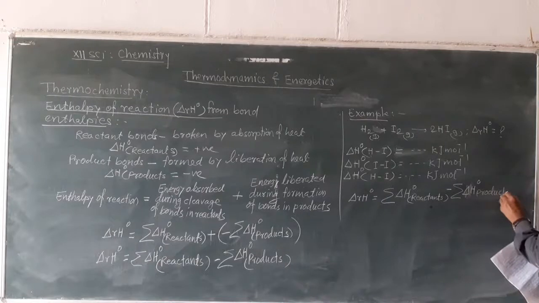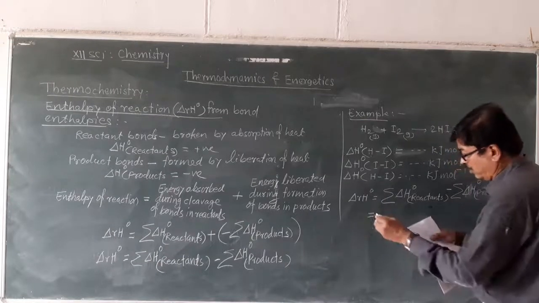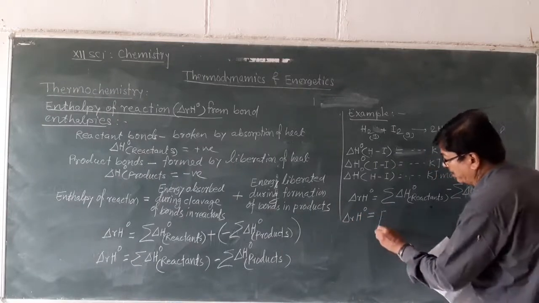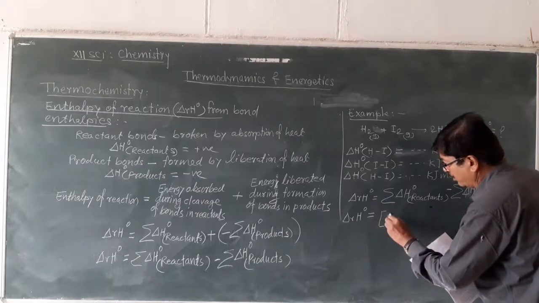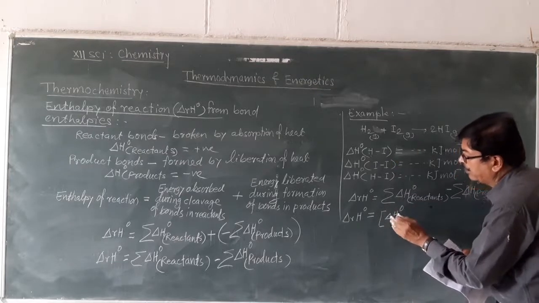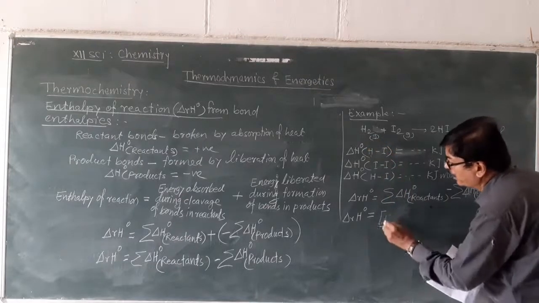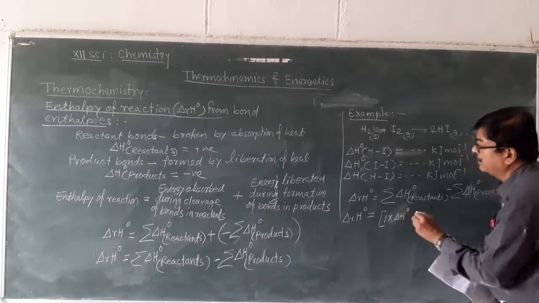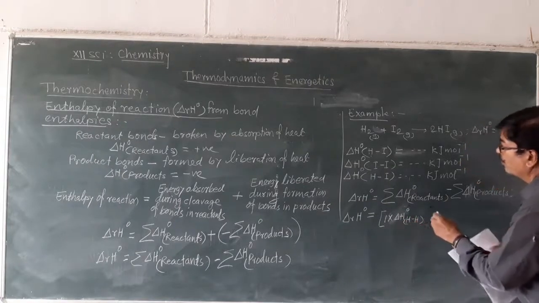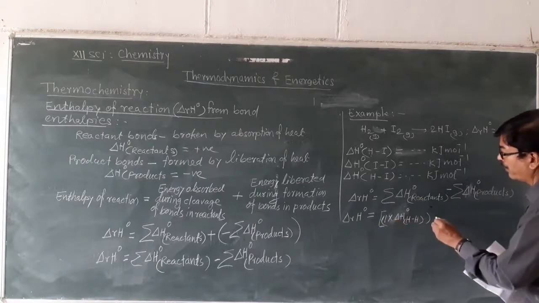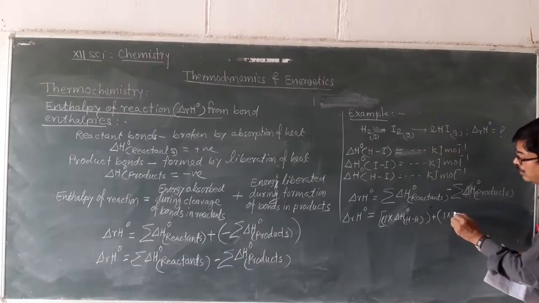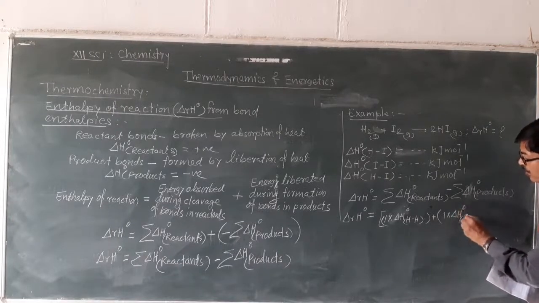Now, you can calculate. There are two reactants, so 1 into standard enthalpy of H-H bond plus 1 into standard enthalpy change of I-I bond.